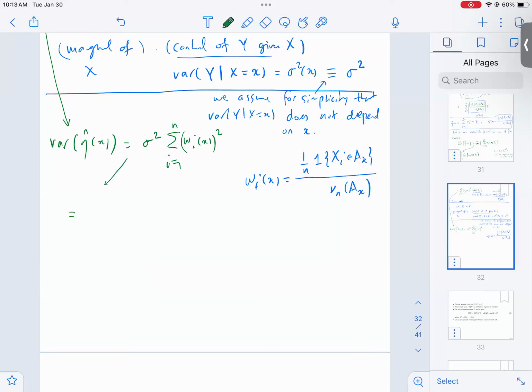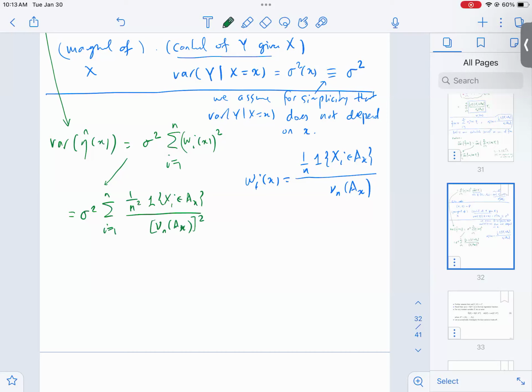Right, so this is going to be sigma squared and then summation i from 1 to n, 1 over n squared. The indicator squared is just itself because it's either 1 or 0. And then nu_n of A_x squared. And then something very interesting happens here.